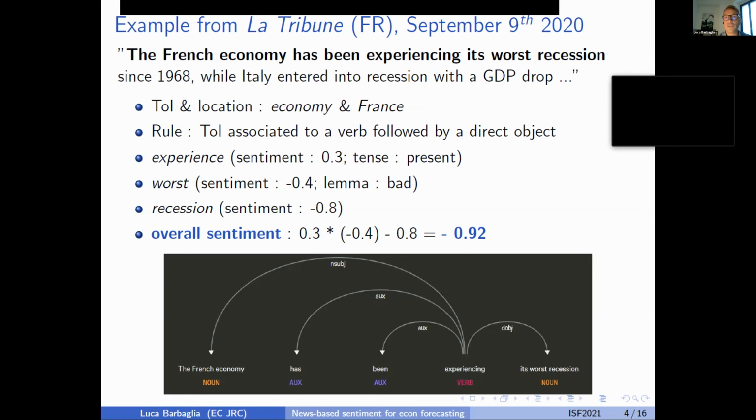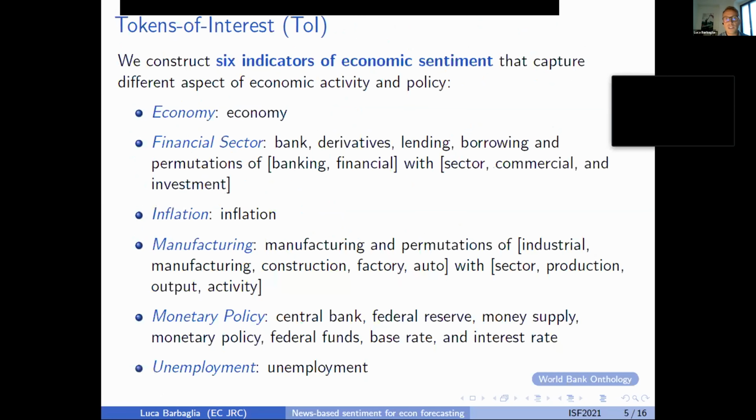As you can see, one of the key inputs that the user has to specify are the specific tokens of interest, so the topics you want to compute the sentiment about. We decided to compute 6 sentiment indicators to represent different aspects of the economic activity and policy. And these are the sentiment indicators: economy, financial sector, inflation, manufacturing, monetary policy, and employment.